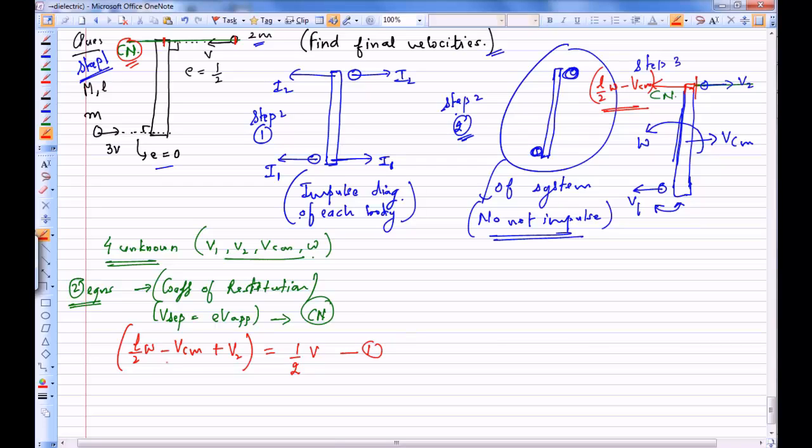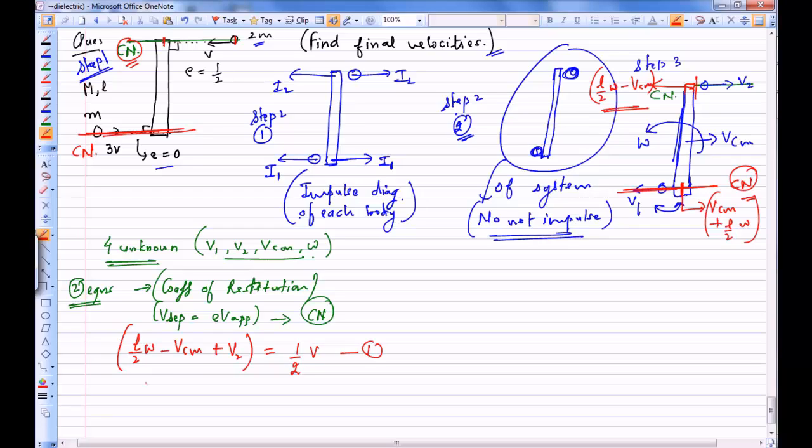Doing the same procedure at the lowermost point, another point where collision is taking place. So this is going to be our common normal. For velocity of separation, I need to find the velocity of this point just after collision. So the velocity of this point is going to be VCM plus L by 2 omega.